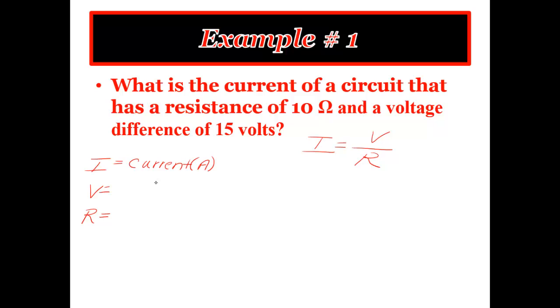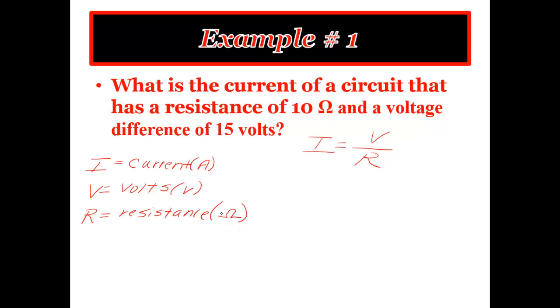I always think of how you have a guitar and you plug it into an amp. V just stands for volts, and R stands for resistance. This is the weird one though: it stands for ohms, and ohms is just like a horseshoe.